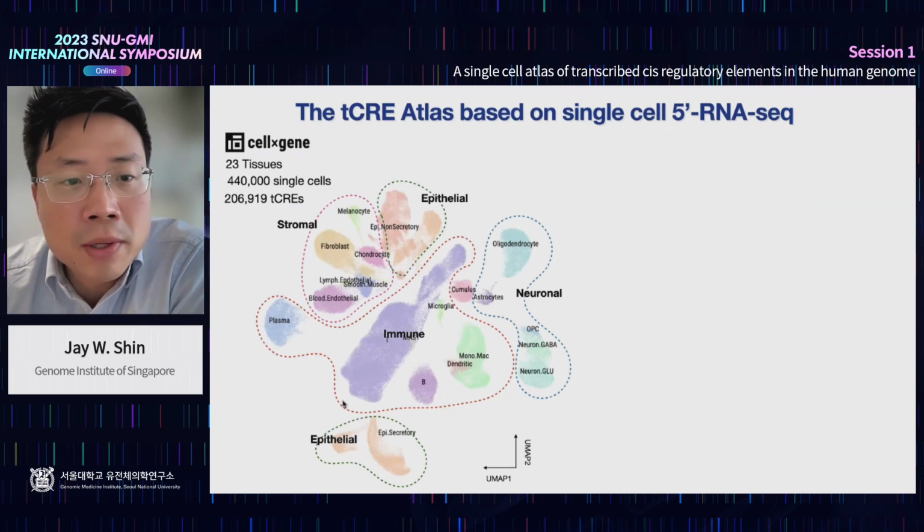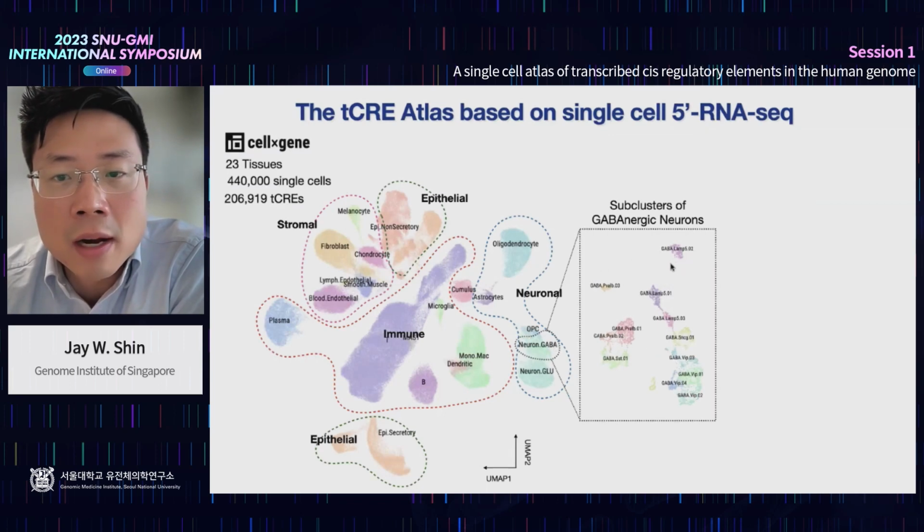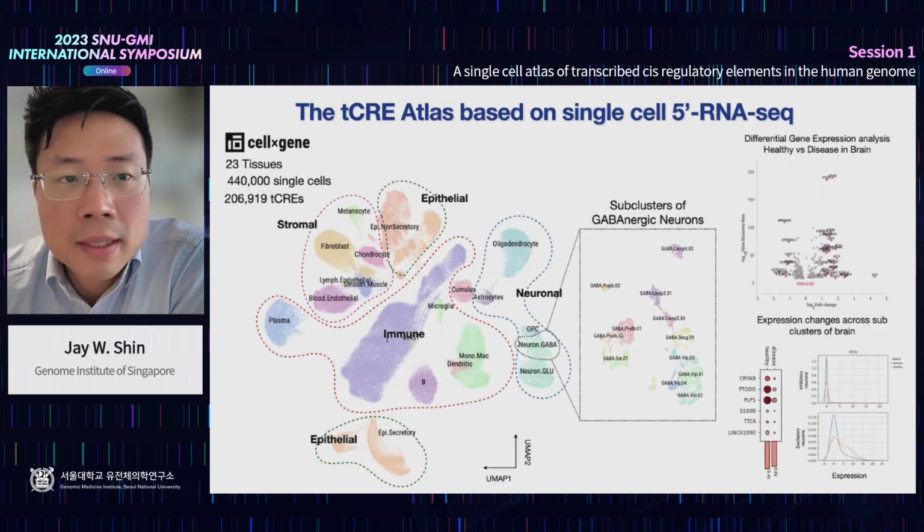You can readily appreciate the immune clusters, the epithelial and stromal clusters, as well as neuronal clusters. And of course, the power of single cells is that you can subcluster them to gain higher granularity of subtypes, such as GABAergic neurons, which have multiple subtypes, as we know from the literature.